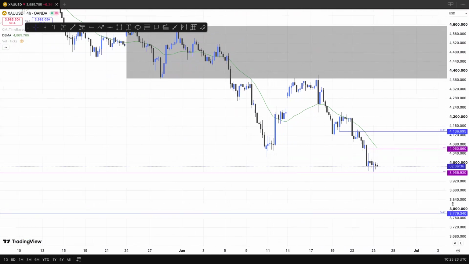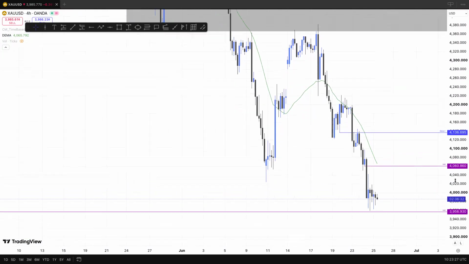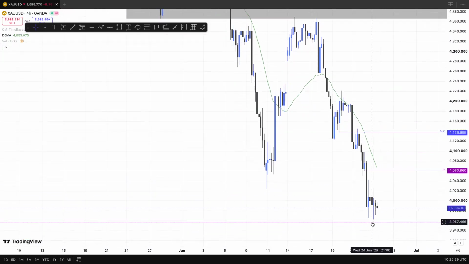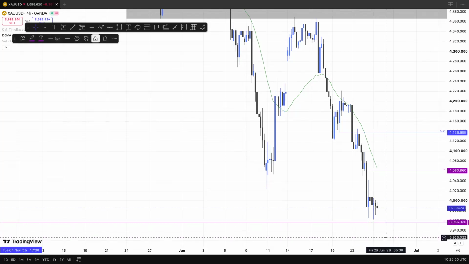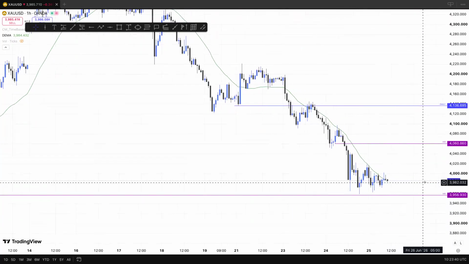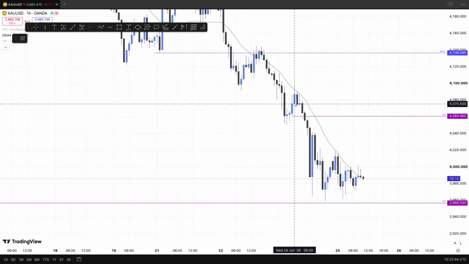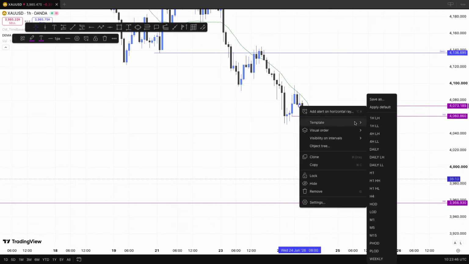All right, so let's scroll down further. Oh, you see, we literally hit that demand right there. We still have some small margin left to fill. But yes, this H4 demand is the next target for XAUUSD. When we look at the 1-hour time frame also, you can see we have this supply right here.